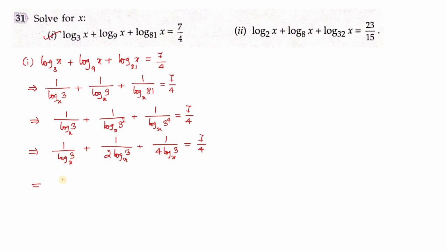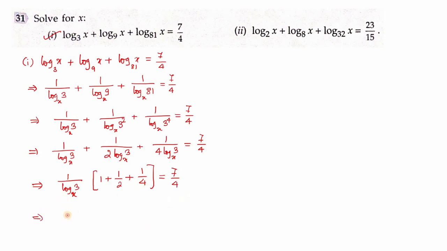So we will take log 3 common. So what do you get? 1 by log 3 at the base x is common. If this is gone, then here 1 is left. If this is gone, then here 1 by 2 is left. And at the last, if this is gone, 1 by 4 is left. Is equal to 7 by 4.